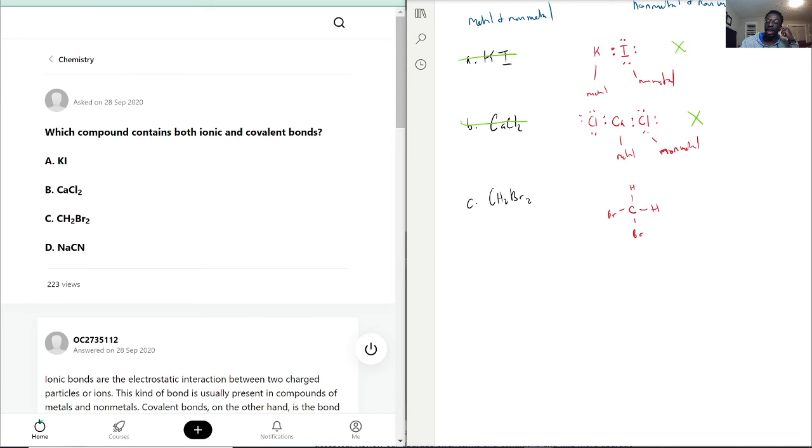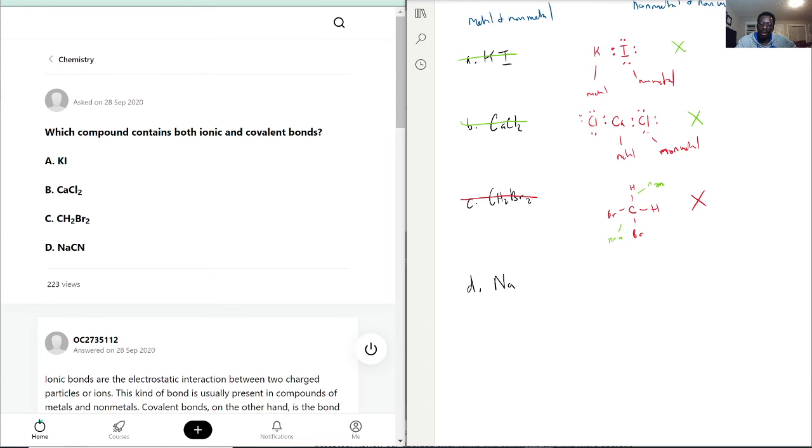Now we have a bunch of nonmetals bound together. We have carbon and hydrogen, which are nonmetals, and carbon and bromine, which are also nonmetals. But the question is, do we see any metals here? Unfortunately, we do not see any metals present in CH2Br2, so there are no ionic bonds here, so this is not it. That does make our answer D, but let's see why.